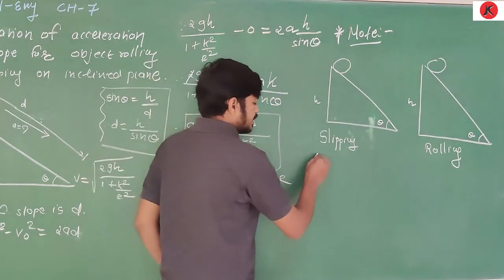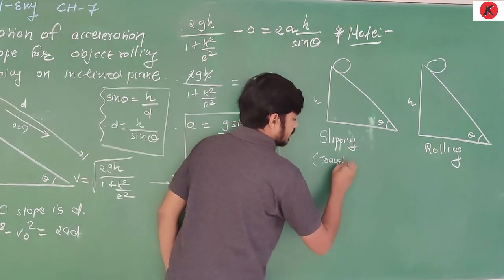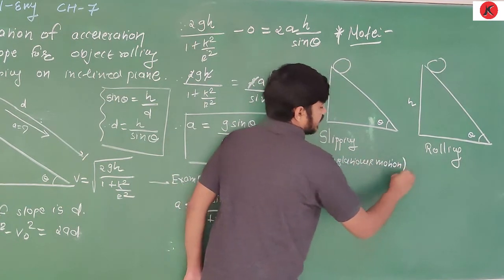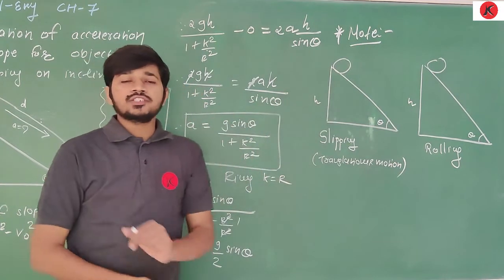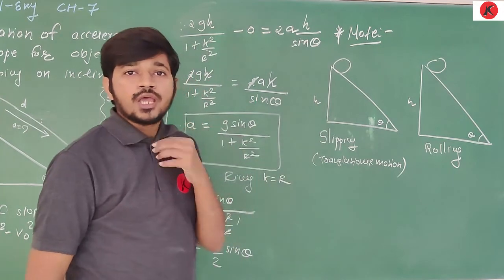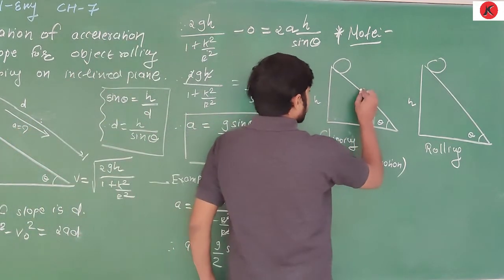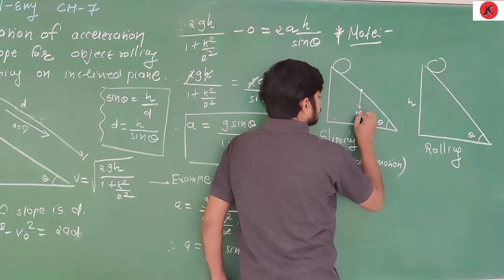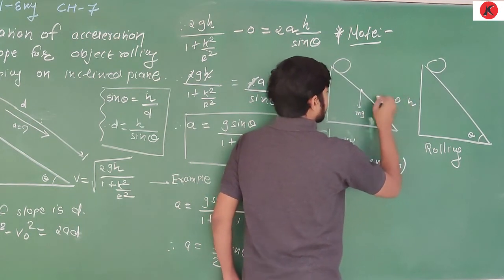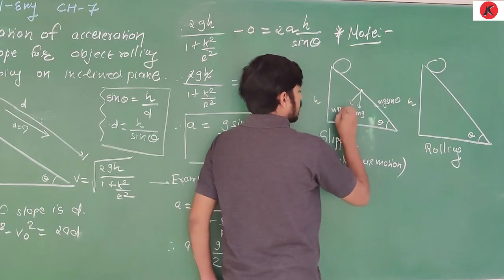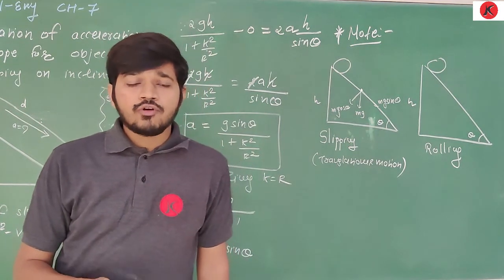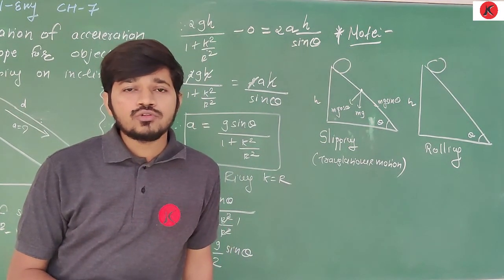Slipping means it is performing only translational motion. So in translational motion, remember what the acceleration parallel to the slope is. If the object is here, then mg is in the downward direction. It is mg sin theta along the slope, and mg cos theta perpendicular to it. But that is for force; acceleration is equal to force upon mass.